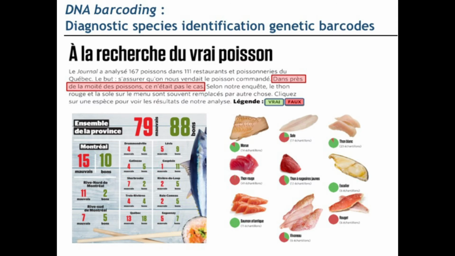No. Overall about 50%, so those are the sum of all samples analyzed. So basically 50% of the samples we analyzed had the wrong identification, either on the menu in restaurants or in grocery stores. And you have some illustrations here of some of the classical misidentifications.